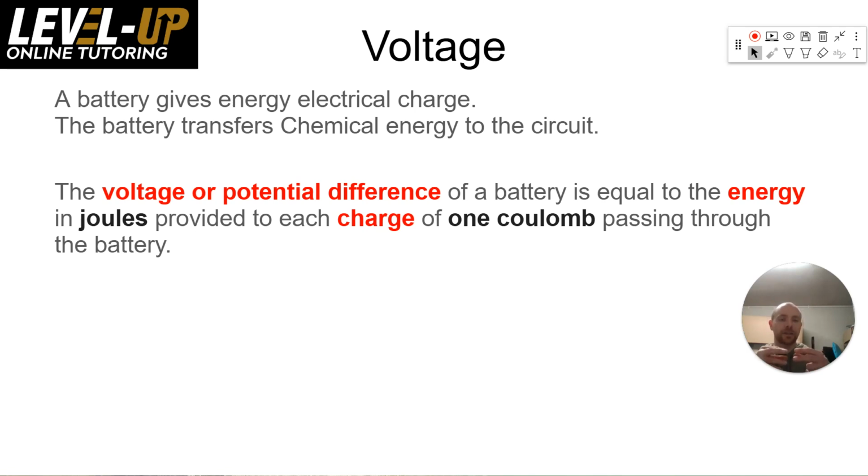If you've got a lamp in your circuit, you're trying to transfer that chemical energy into thermal and light energy in the lamp. How does it get there? What's the transfer? The transfer, again, we should know, is an electrical transfer, electrical current. So the voltage is how much energy is being given by that battery.